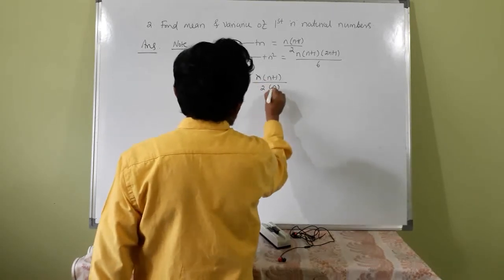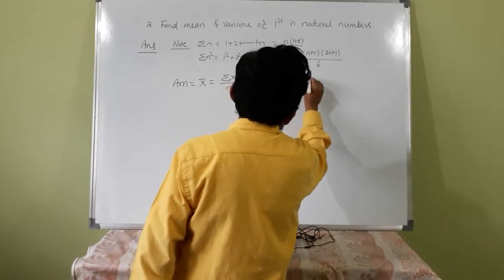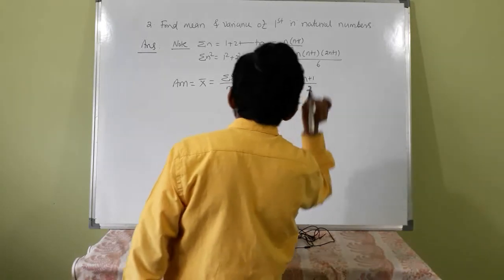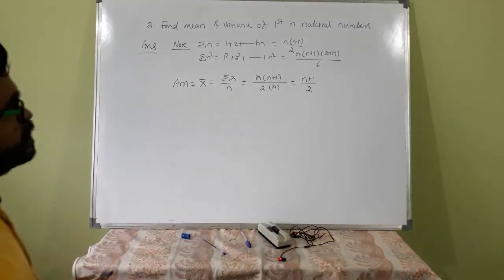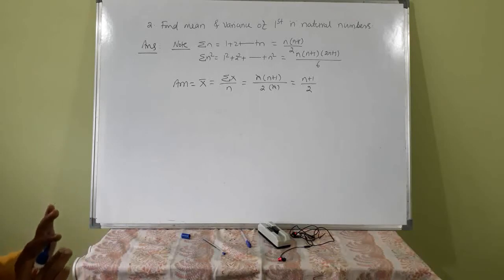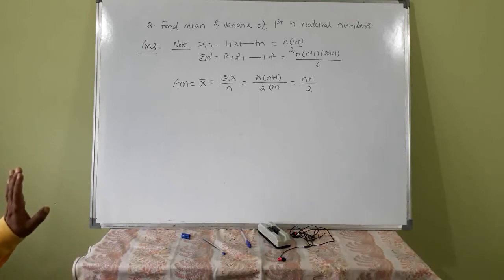So n gets cancelled. This is n plus 1 by 2. So remember, arithmetic mean of n natural numbers is n plus 1 by 2. Arithmetic mean of first 25 numbers is 25 plus 1 divided by 2.